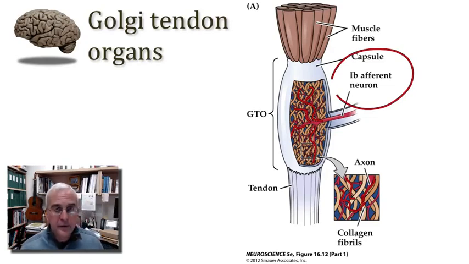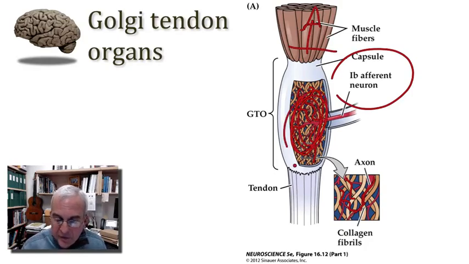And this anatomic relation between the nerve elements and the collagen fibrils make this structure activated as tension is created. So as these muscle fibers contract, they generate a force that tugs on this region of the Golgi tendon organ, and that causes a deformation of these terminals that are woven in among these collagen fibrils.